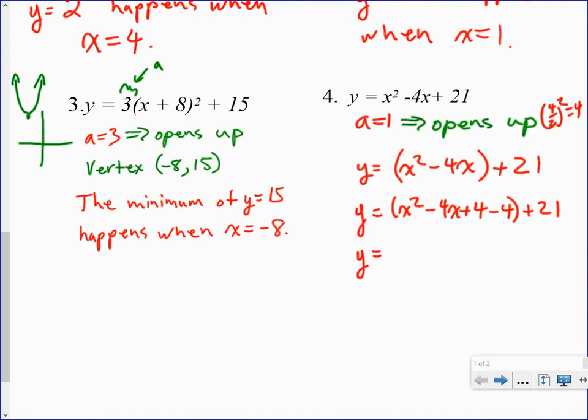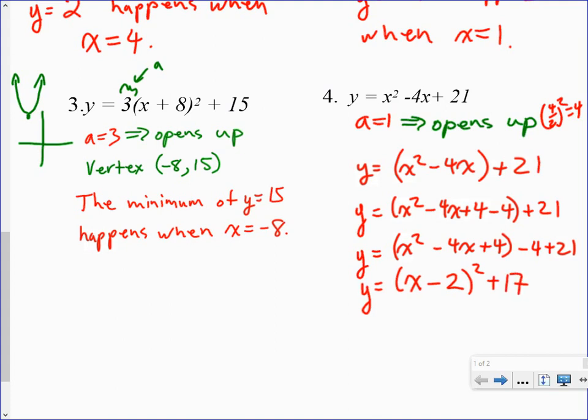So now we continue, and we take the minus 4 and bring it out as before. So we've got x squared minus 4x plus 4, and then we bring out a minus 4 plus 21. So now when we get our final answer, we get x minus 2 squared plus 17.